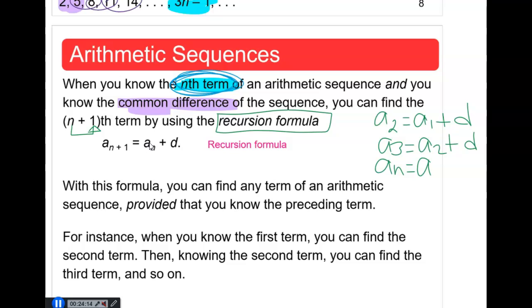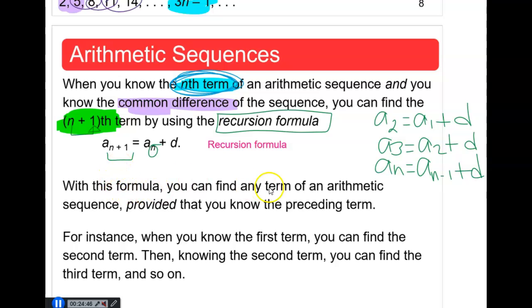So it was a to the subscript n minus 1, the one before, plus d. So if we want to find the n plus 1, the one before n plus 1 happens to be n. And so, if you have to find the (n plus 1)th term, n plus 1 in parentheses, and then th to indicate the order in the sequence, it will be simply the one after n.